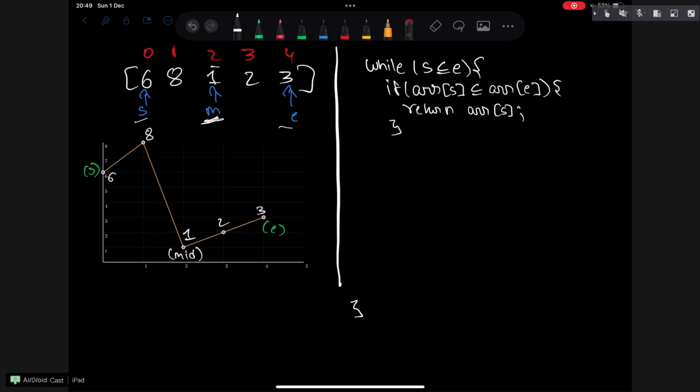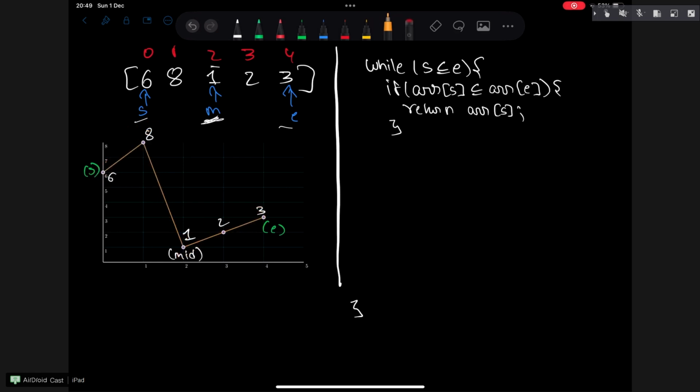Given that knowledge, if the array is sorted, it will always have the answer at the leftmost index. That is what we saw previously. But if the array is rotated, it will always follow this structure: there will be a peak, then a valley, and then a peak.